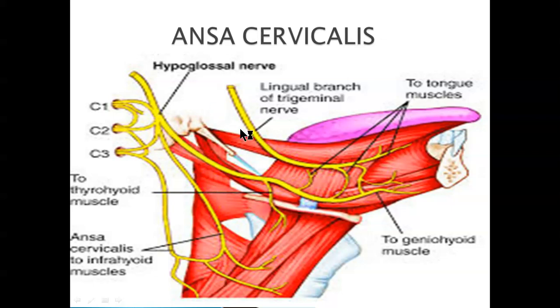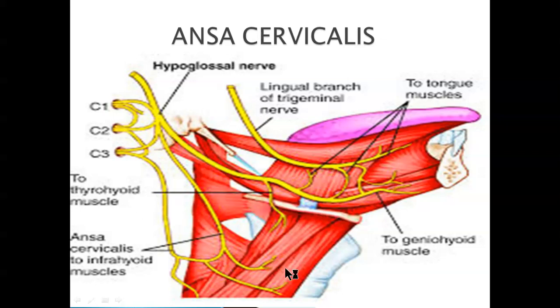So ansa cervicalis, for exam purposes, as I have already mentioned in another video, is formed by C1, C2, C3, and the hypoglossal nerve. The hypoglossal nerve just helps these nerves to pass through it. That's the main purpose of the hypoglossal nerve. It basically doesn't innervate any of these infrahyoid muscles.